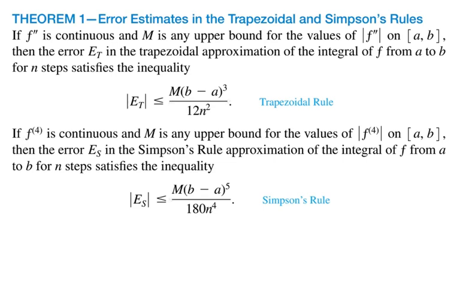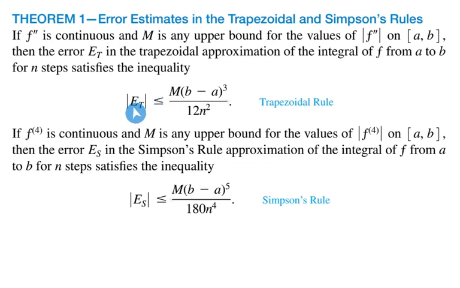So if we're dealing with the trapezoidal rule, we look at the second derivative. As long as it's continuous and we can come up with M, which represents an upper bound for the magnitude of the values of that second derivative on a closed interval, then the trapezoidal error for n steps is satisfied by this inequality.